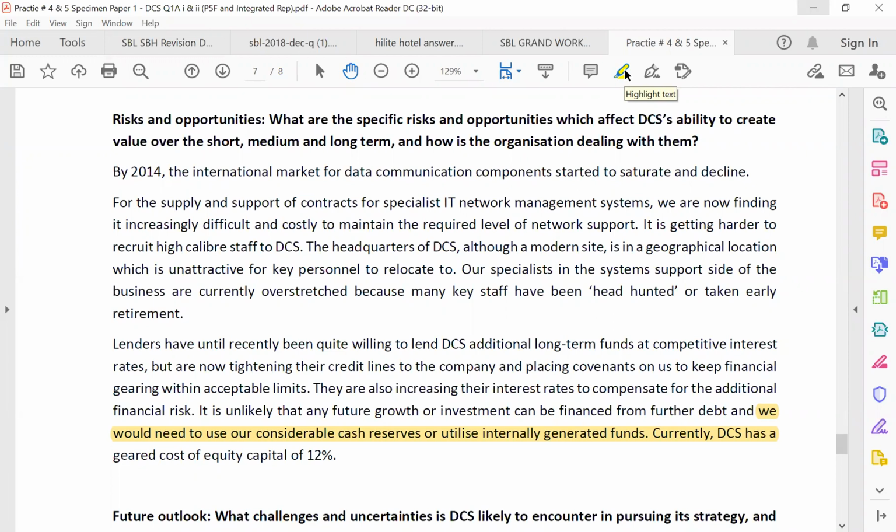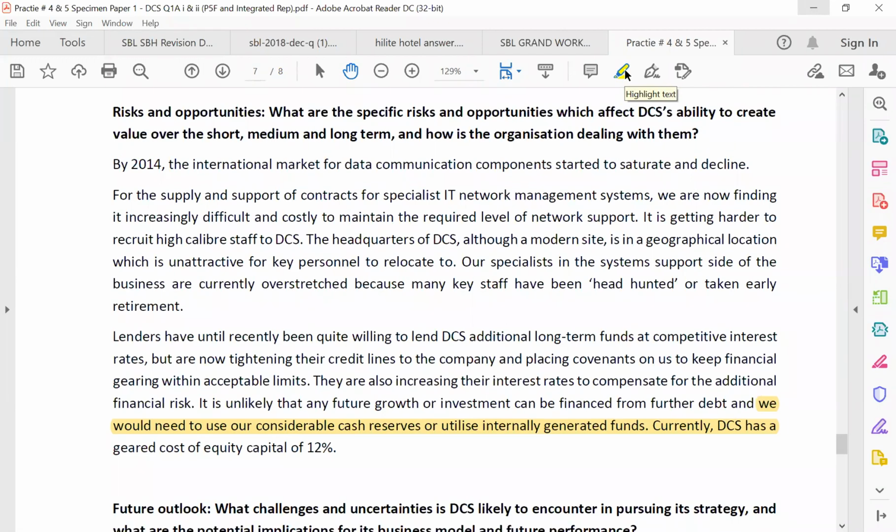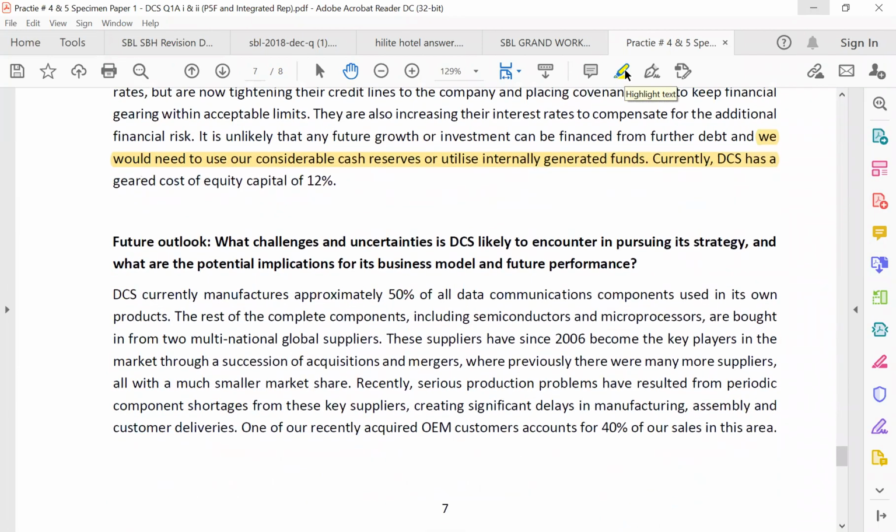They are also increasing their interest rate to compensate for the additional financial risk. It is unlikely that any future growth or investment can be financed from further debt, and we would need to use our considerable cash reserves or utilize internally generated funds. Currently, DCS has a geared cost of equity of 12%.